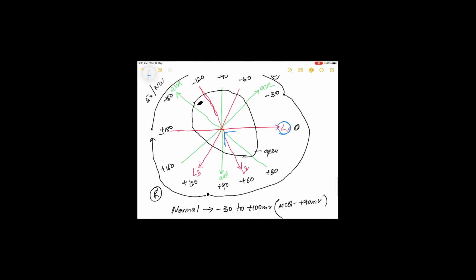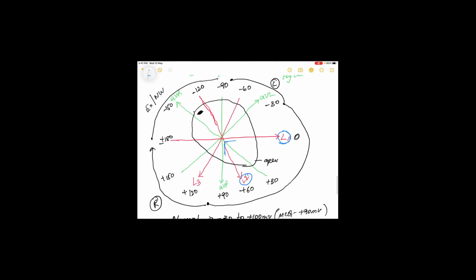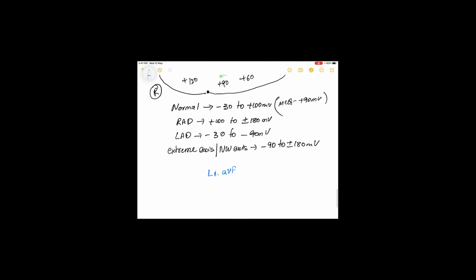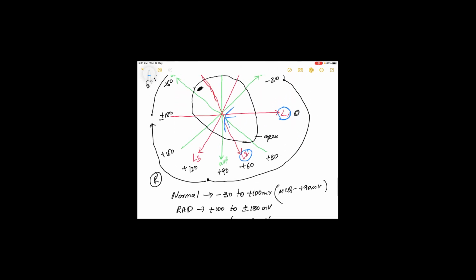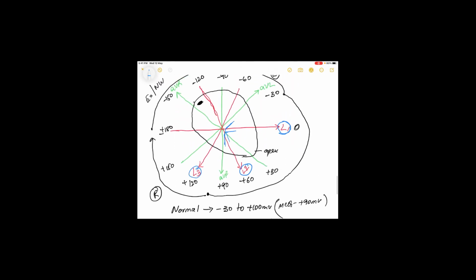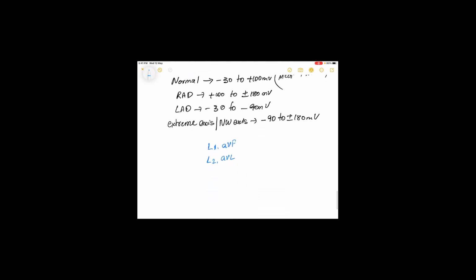Or if you are taking lead 2, the perpendicular lead to lead 2 would be AVL. And if you take lead 3, the perpendicular lead here is AVR.